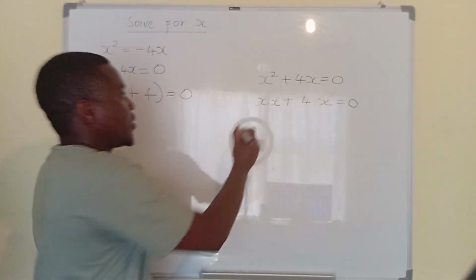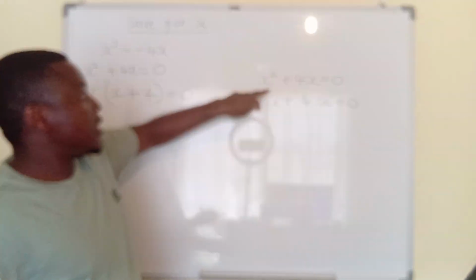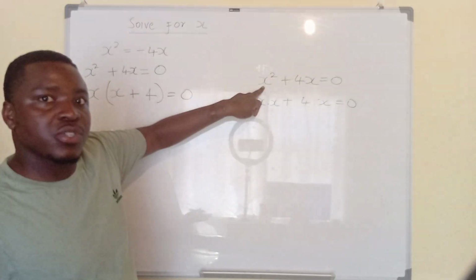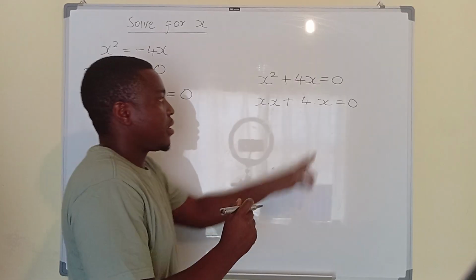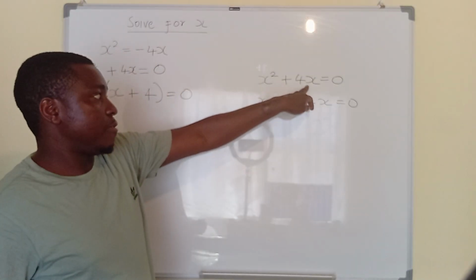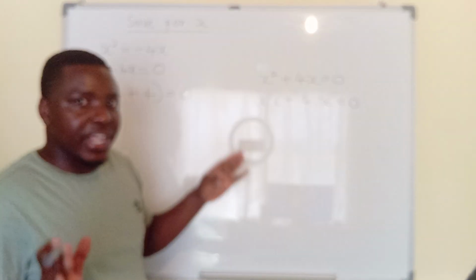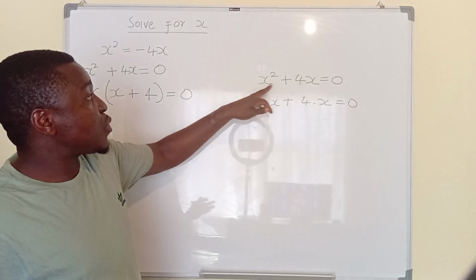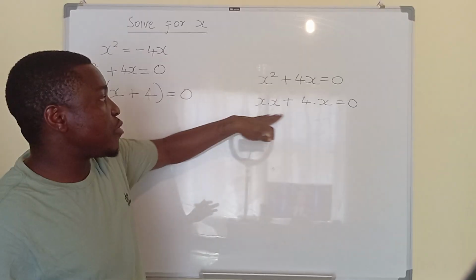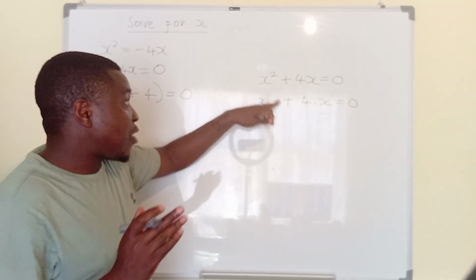x by x, my people, x by x gives us x squared. 4 by x gives us 4x, right? So we can all agree that x squared plus 4x is equivalent to this equation that I've rewritten down below.